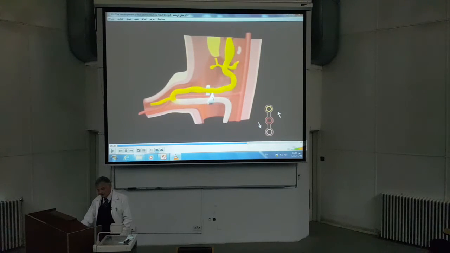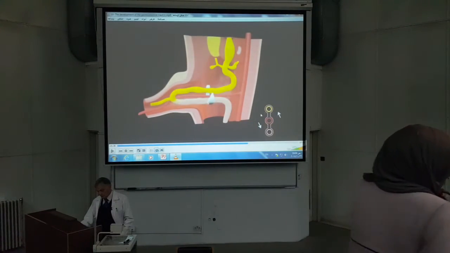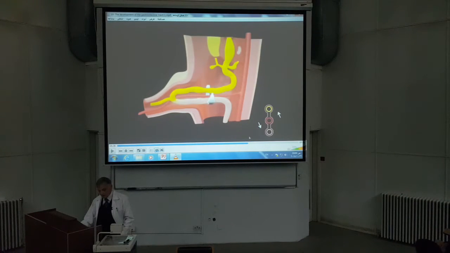This rotation, you are looking at it from the lateral view, but if you are looking at it from anterior, it is going to be anti-clockwise.